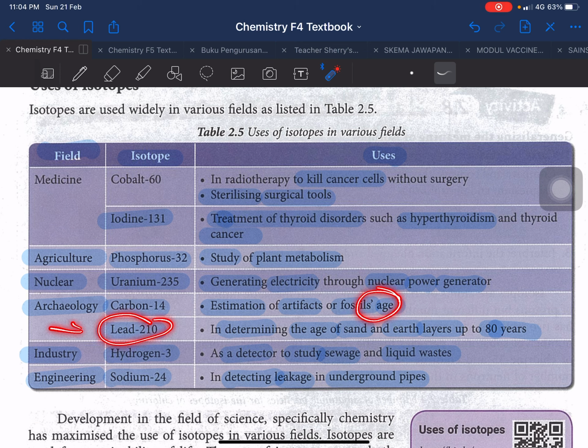Lead ataupun plumbum mengkaji untuk menentukan usia pasir ataupun lapisan-lapisan bumi. Dalam industri, hydrogen-3 detector, mengesan sewage dan juga liquid waste, kumbahan. Engineering, sodium-24 mengesan kebocoran pipe bawah tanah. I translate that in bahasa Melayu for you, okay.